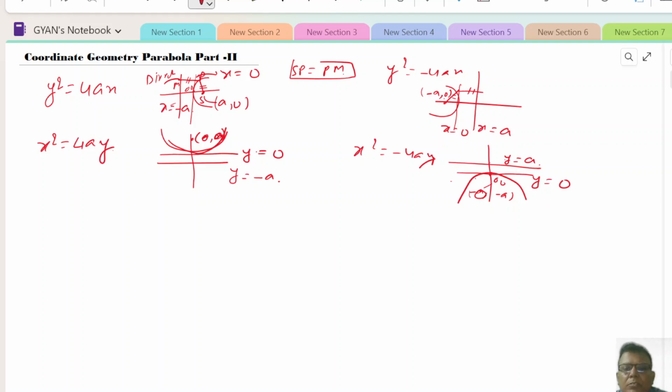This is the focus, so this length and this length will be equal.